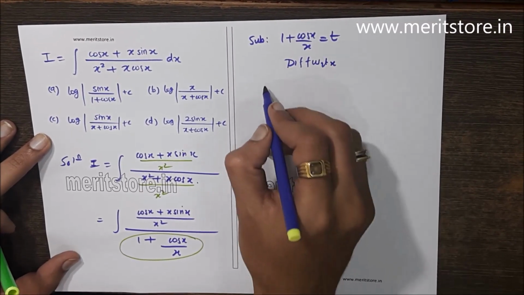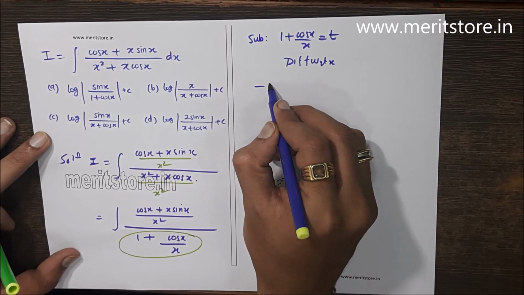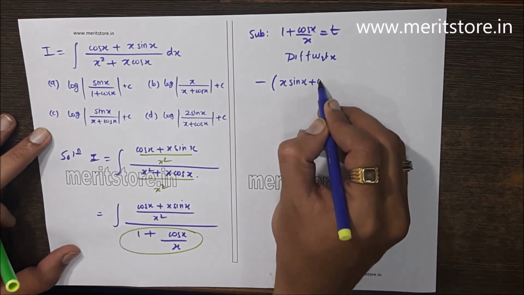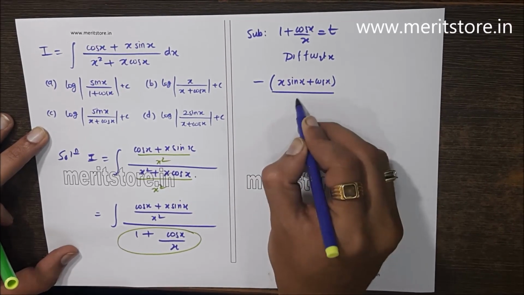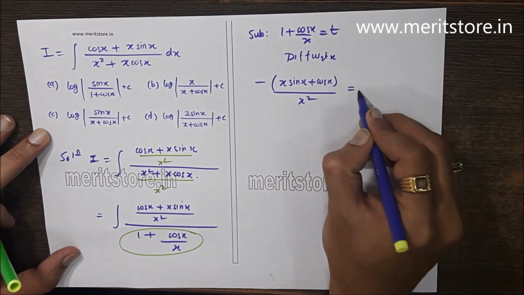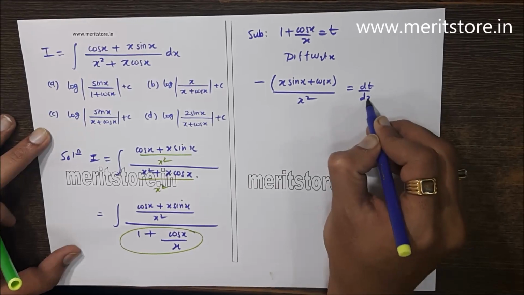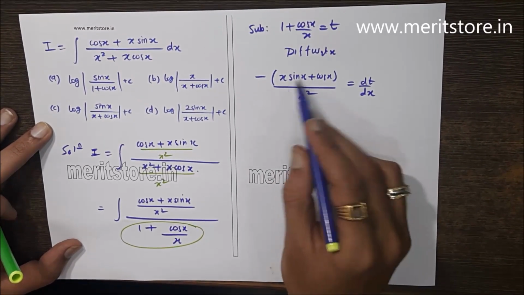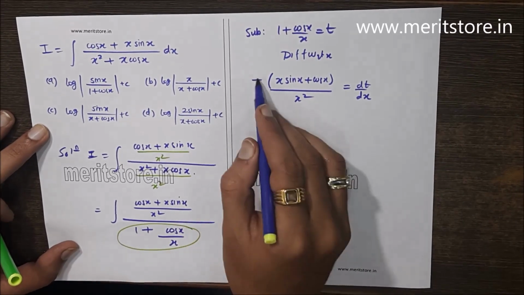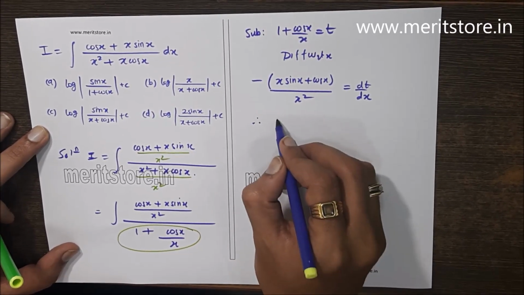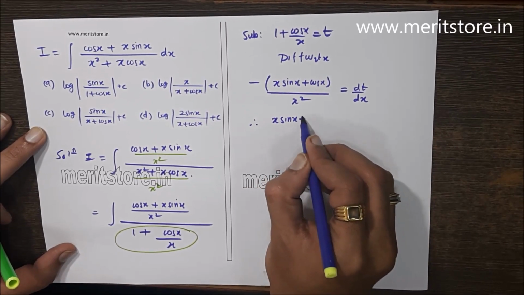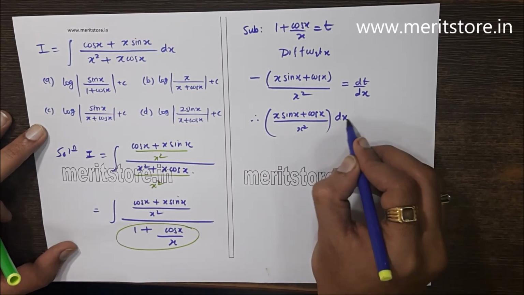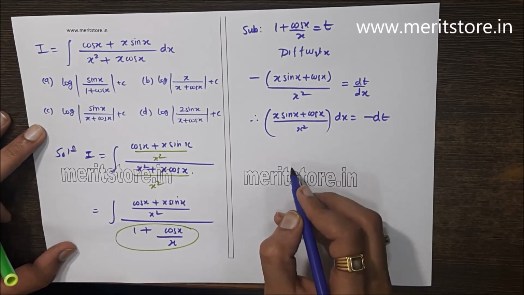And after applying the formula of u by v, our answer would turn out to be minus of x sin x plus cos x the whole upon x square equals dt by dx. Now if you observe, we have the same term as our numerator except for that minus, and therefore x sin x plus cos x the whole upon x square dx, we'll write it as minus dt.